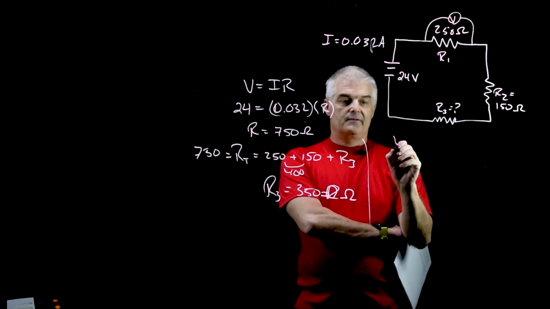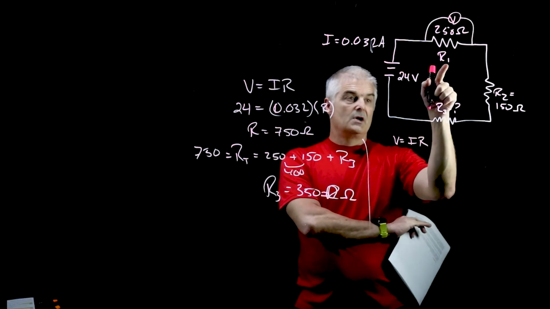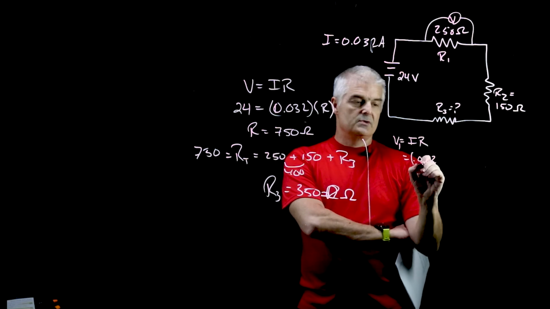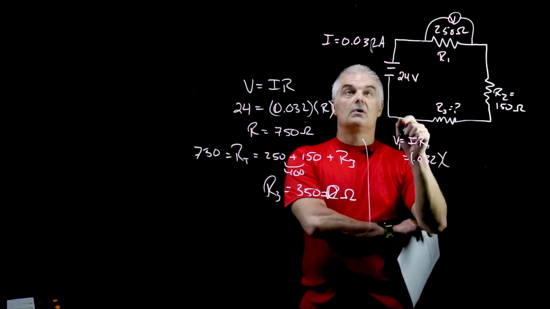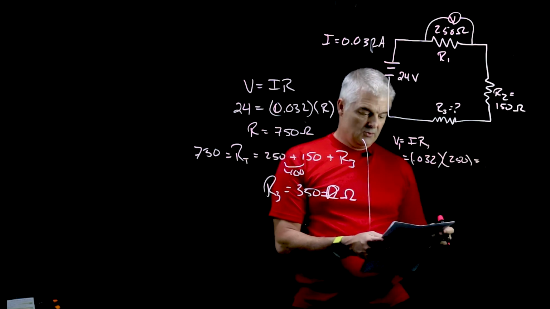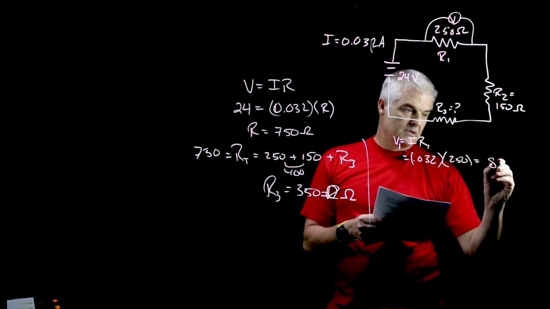So if V equals IR, V1 would be equal to 0.032 times R1, R1 was 250, and you end up with 8 volts.